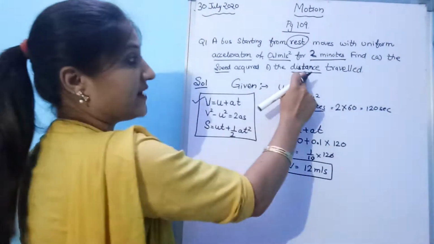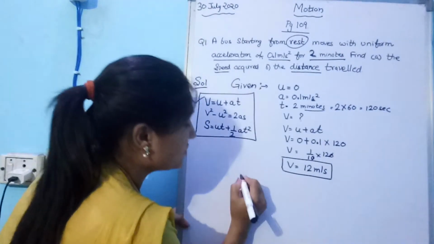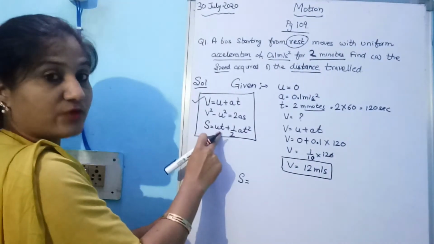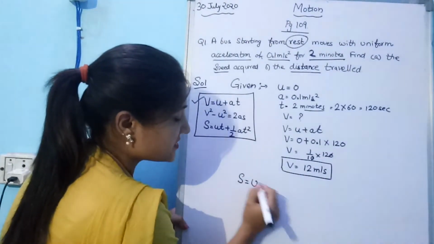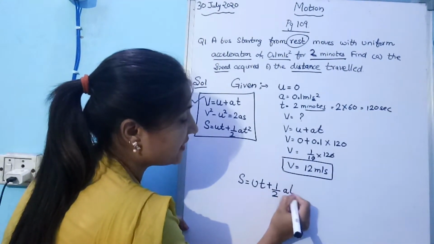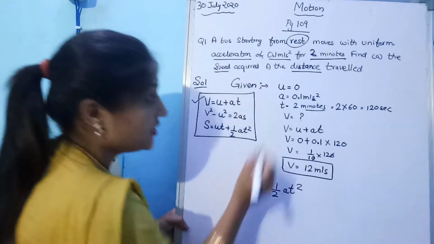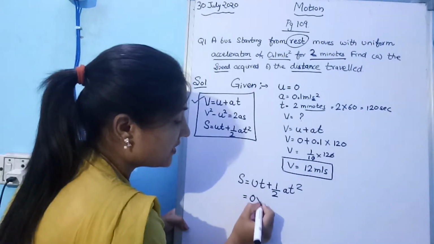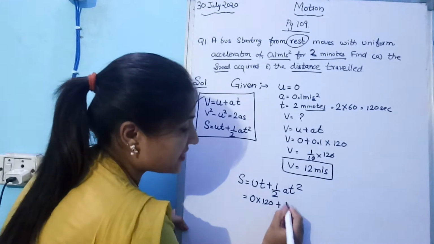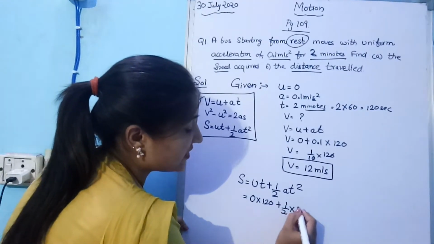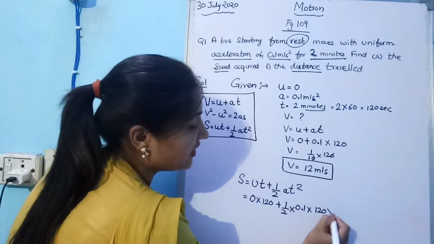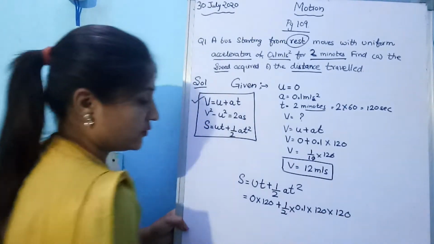Now we have to find the distance. Distance is s. Now in this we can apply formula number 3. S is equal to ut plus half at square. U is what? 0, multiplied by time 120, plus half into acceleration 0.1 into 120 into 120.